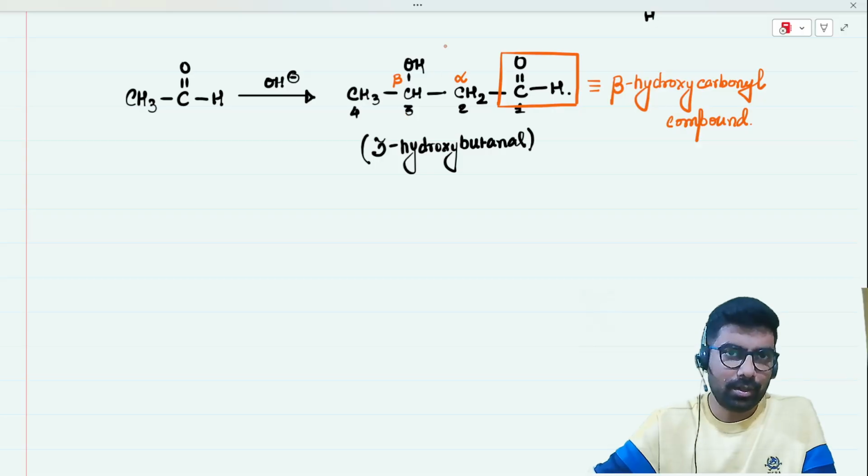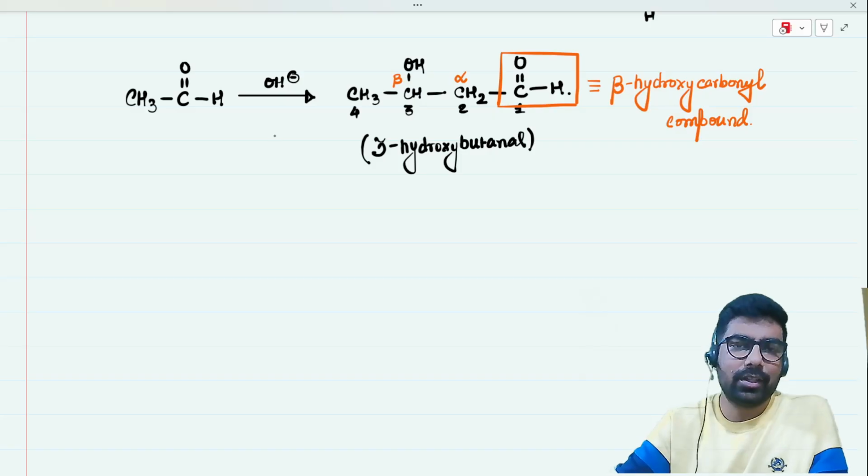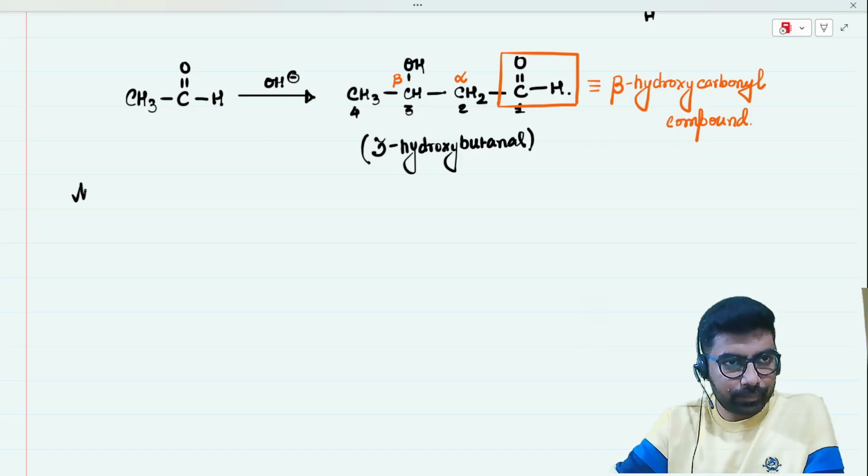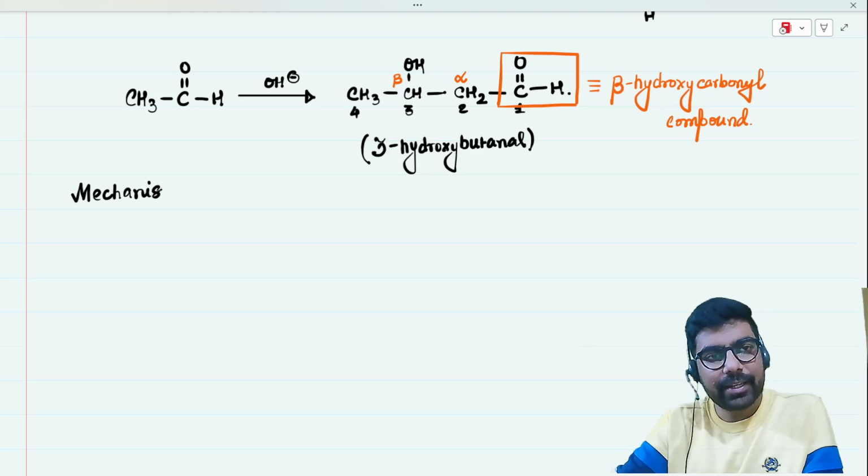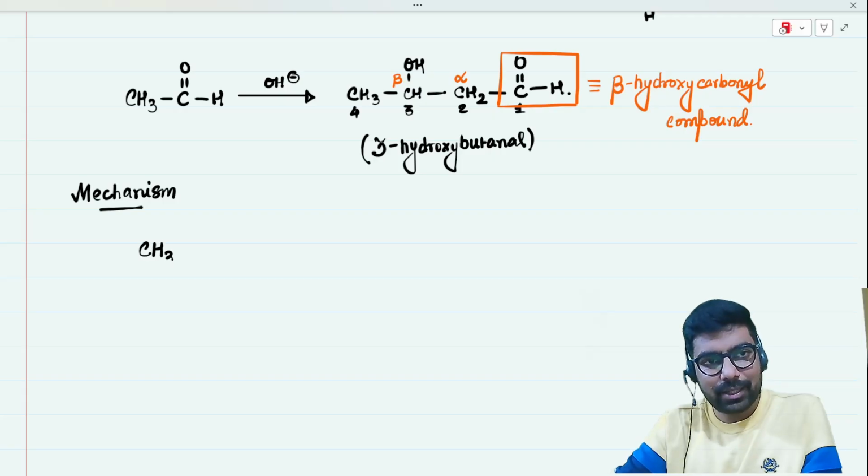Okay. Now we go on to the mechanism of the reaction. How we are getting this product. So first step, we have an acetaldehyde molecule. In presence of OH, what will happen?